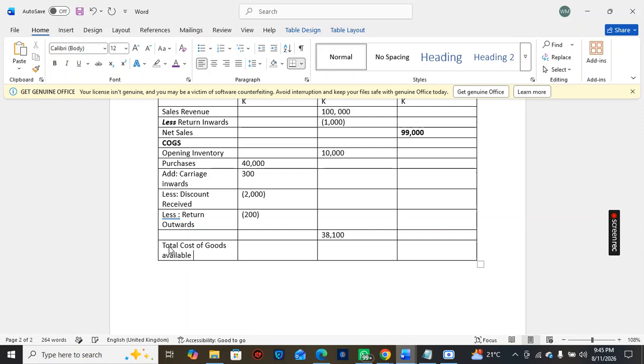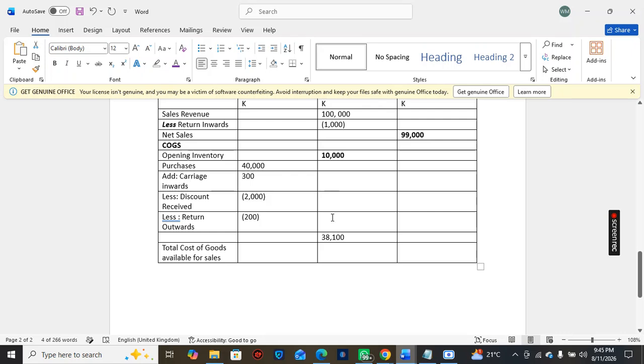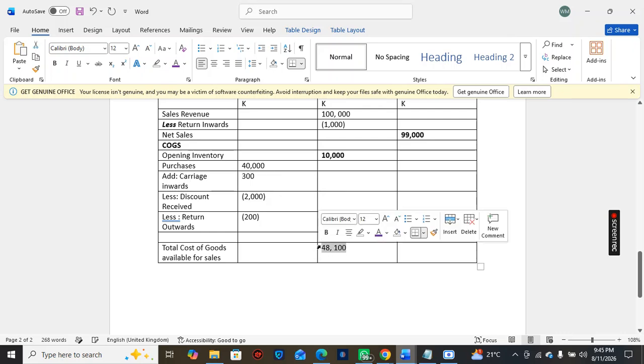So you're going to say opening inventory. Remember this formula here: opening inventory plus purchases. 10,000 plus 38,100, 48,100. So this is the total cost of all the cement you had for sale for that month, in your container.